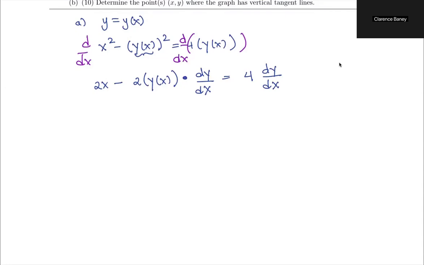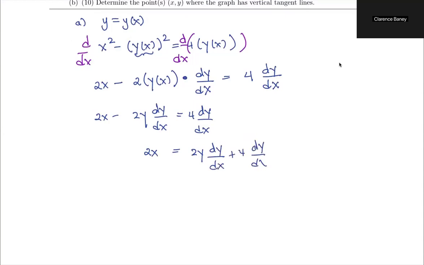I'm going to drop the y of x now, so this is going to be the following, and I'm going to solve for dy/dx. So I'm going to do that by moving the 2y to the other side, and I'll just do it in multiple stages. And then I can factor out a dy/dx from this.